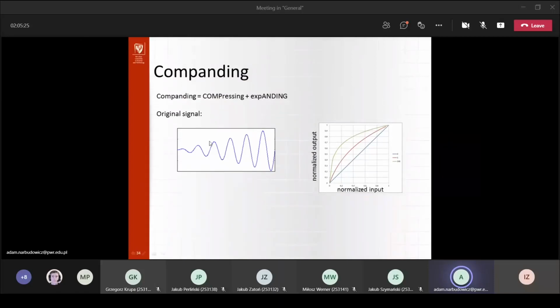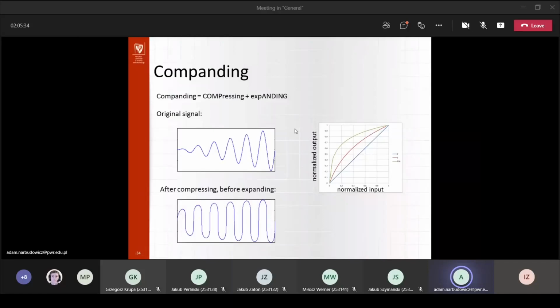So for example, we have an original signal like this. It's a sine function, of course, with increasing amplitude. And after compressing, you basically amplify lower values without affecting the higher values that much.